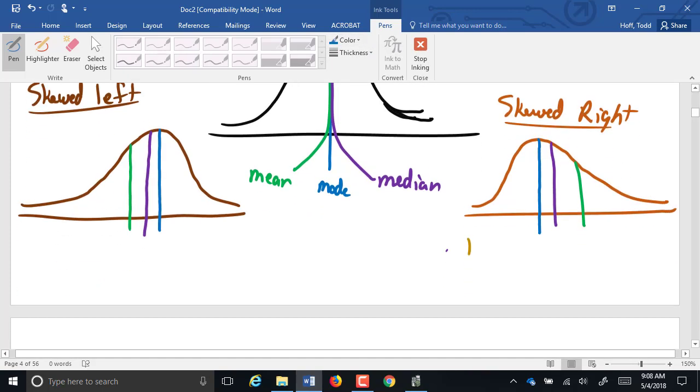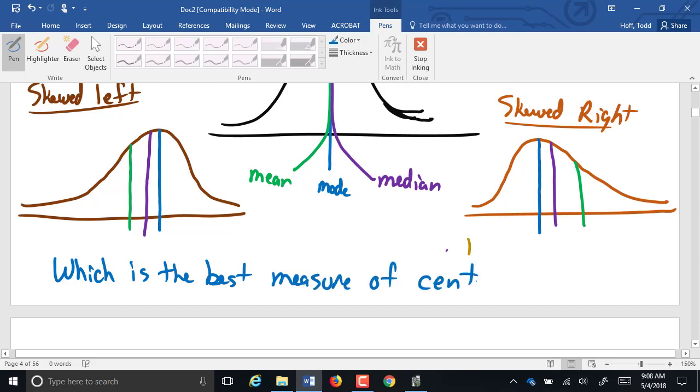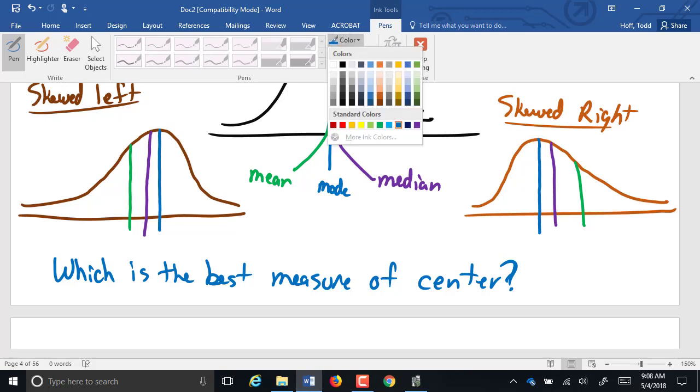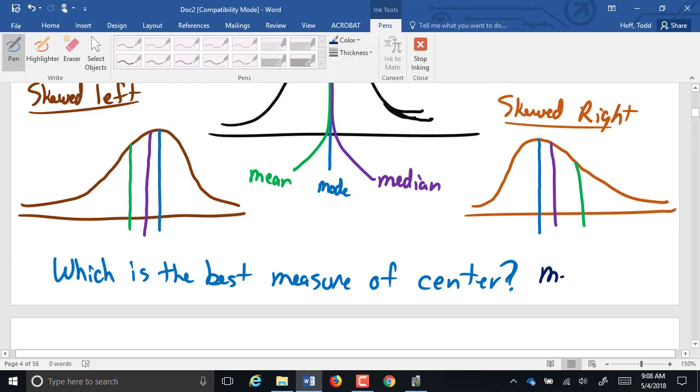So the question becomes, which is the best measure of center? Well, I've already told you that the mode is really best used for categorical data, not terribly helpful for numerical data. So this question really is coming down to the mean or the median.